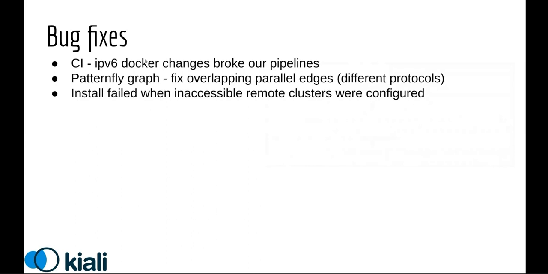Some PatternFly bug fixes with parallel edges overlapping, and also a bug fix for Helm whenever you were adding a remote cluster that was inaccessible. There was a bug there, so that got fixed. I think a community user opened that one up.